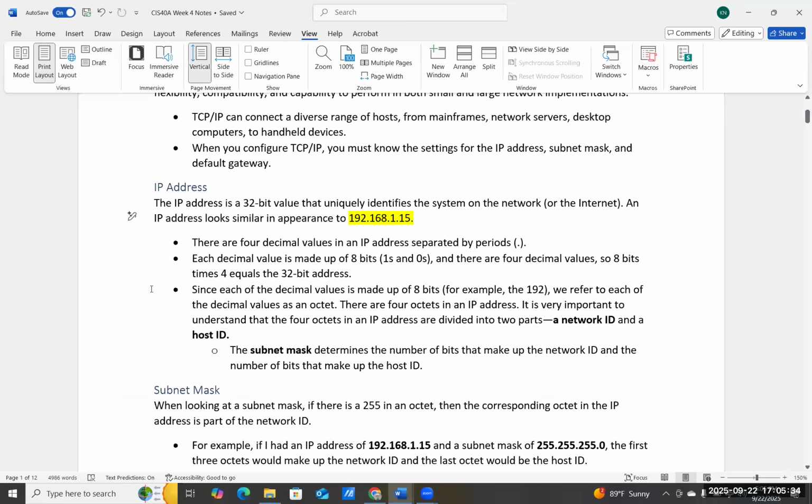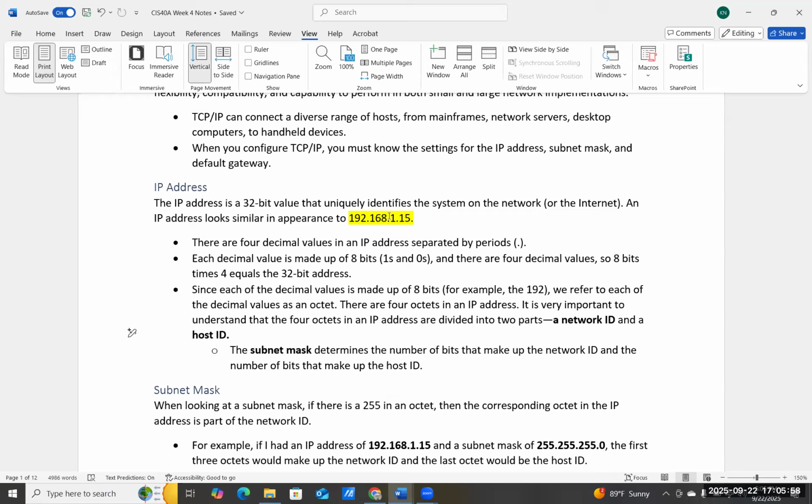Now, when you look at the address, usually we would be able to identify what is a host ID, right? And what is a network ID. The network ID is mostly used by your router or network appliance to be able to navigate the packets to the right area of the network.